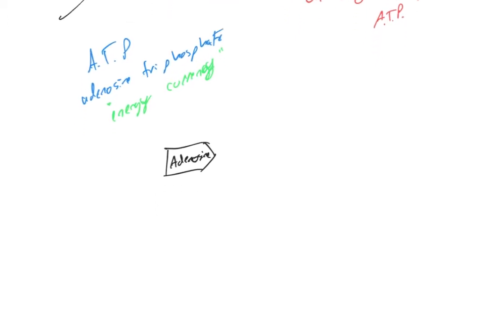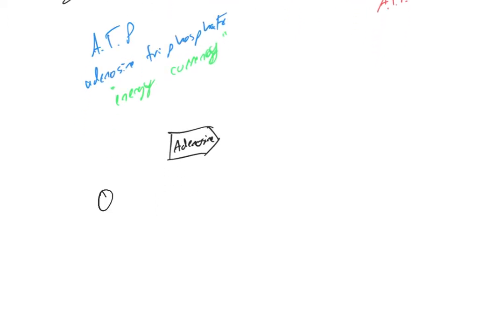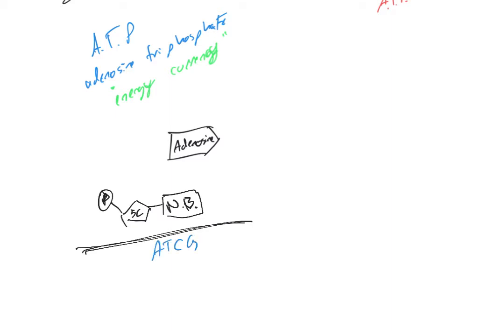A nucleotide has a phosphate group, a 5-carbon sugar, and a nitrogen base: adenine, guanine, thymine, cytosine, your ATCG. And when you're making DNA, you have ATP, GTP, CTP, TTP.